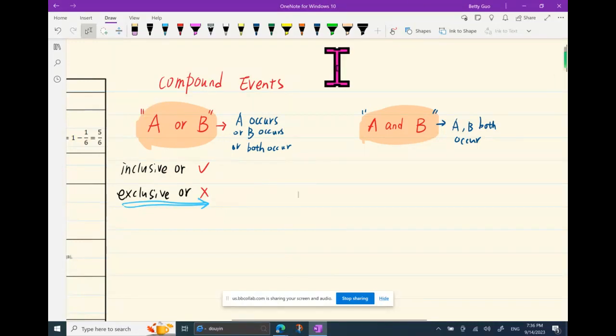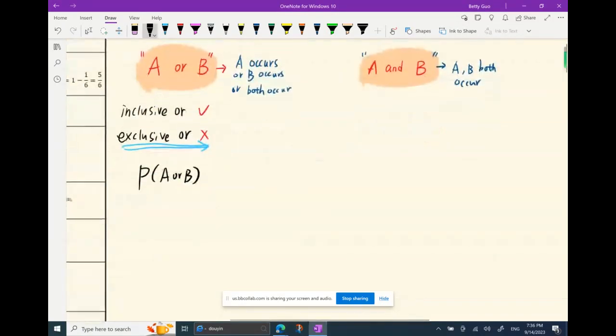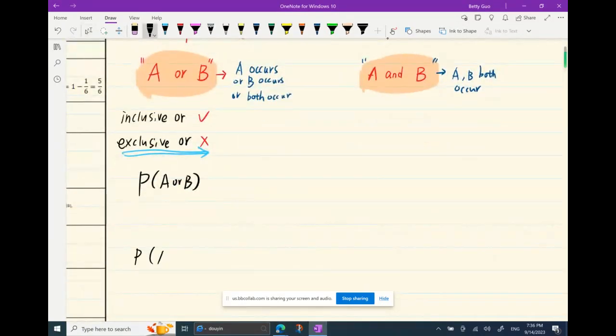Earlier I mentioned the focus of today is to find the probability of A or B, and also the probability of A and B. To find the probability of A or B, we need to use the addition rule.